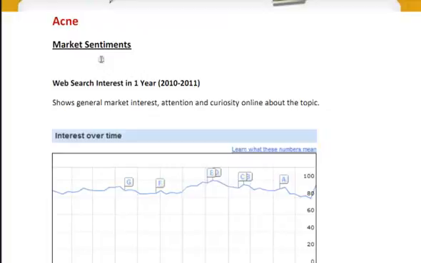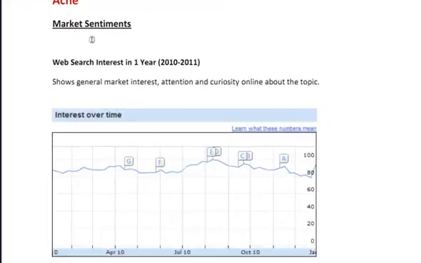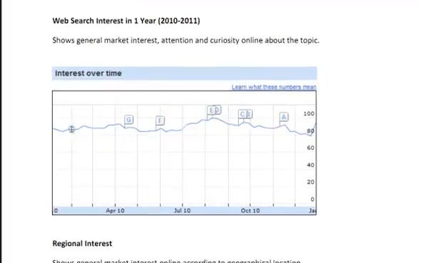Basically, this section shows the general market interest, attention and curiosity online about the topic in the year 2010. This graph shows the general interest in 2010 for acne. It gives you a rough idea of when people are searching for information related to acne the most.